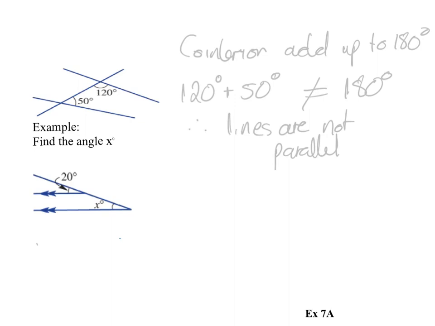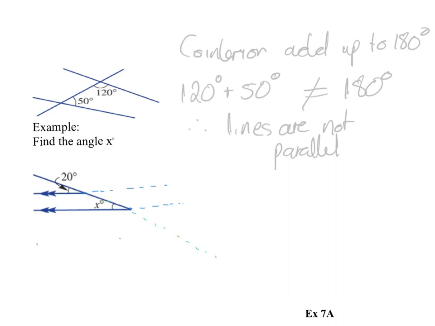This last example, where it asks you to find the value of x, looks really interesting, doesn't it? At first sight, it doesn't really look like we've got parallel lines there, but those two arrows that you see on both of those lines mean they are parallel. So I can actually extend that out like that. So there's our parallel lines, and the transversal is this line here, which I'm extending in green.